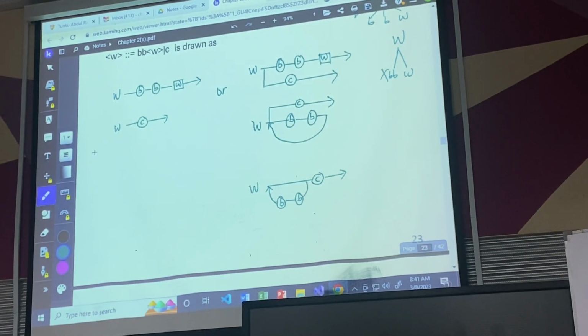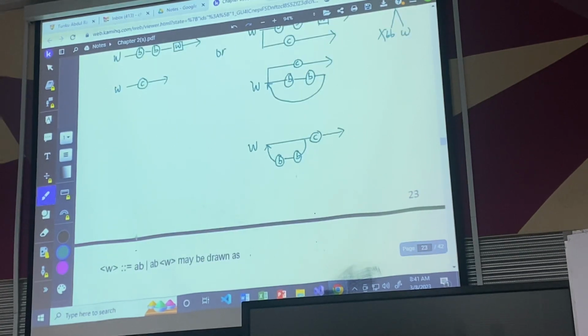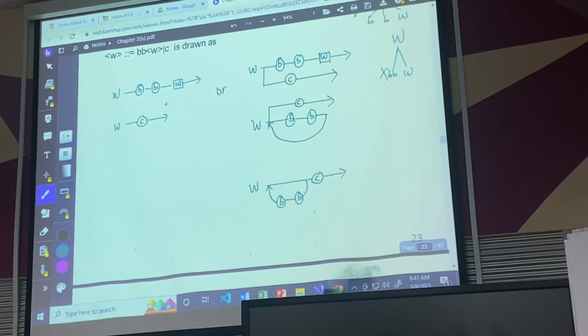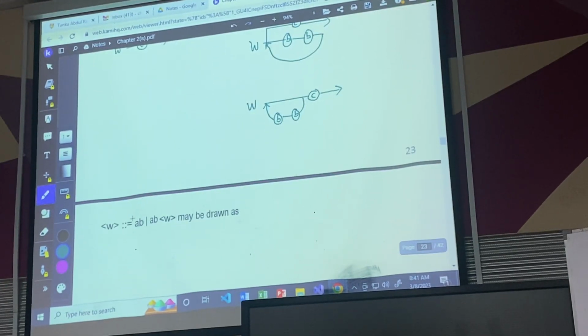Okay, the following one you practice again how to draw: AB or ABW. You see, you look at the simple substitution, only these two, right? There are 4 different ways to draw the syntax diagram. So how about this? AB or ABW?